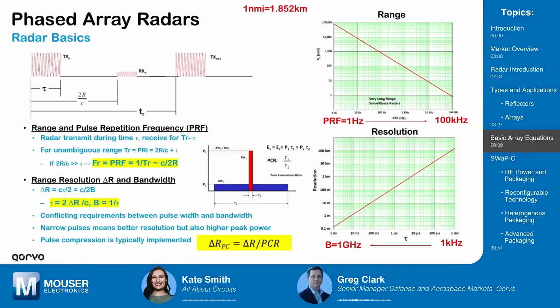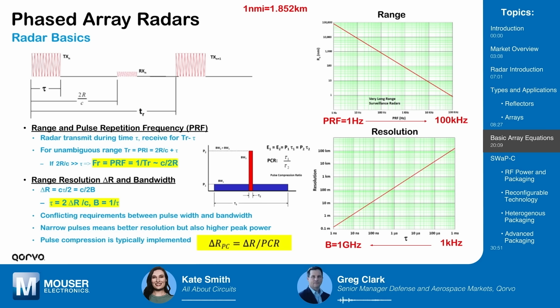Here we're talking about range and resolution, and really the important thing here, not really focusing on the equations themselves, is that range and resolution conflict with each other, in the sense that, generally speaking, long range means low resolution, and vice versa. So if you want long range, you have to have a low PRF, is another point here.